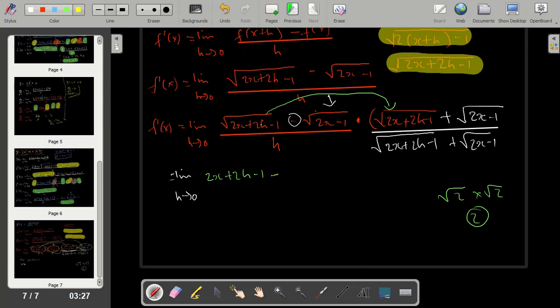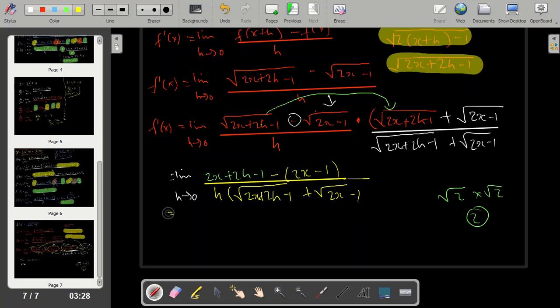So we are remaining with negative 2x minus 1, which is everything that we are dividing by. It's going to give us h multiplying the root of 2x plus 2h minus 1 plus the root of 2x minus 1.